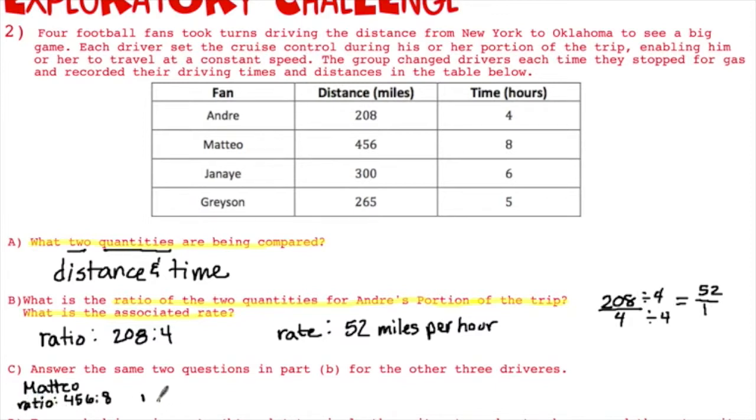And his rate, again, we want to be specific, so we want to simplify. So it's 456 to 8. I divide both by 8. 8 goes into 45 5 times, goes into 16 twice. So his rate is also 52 miles per hour.